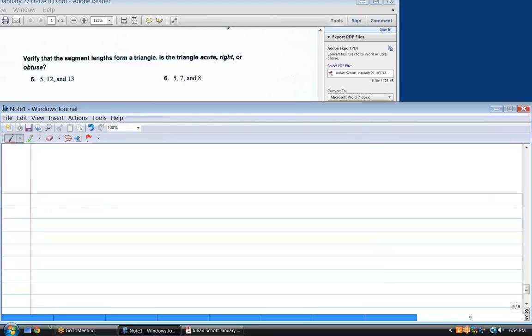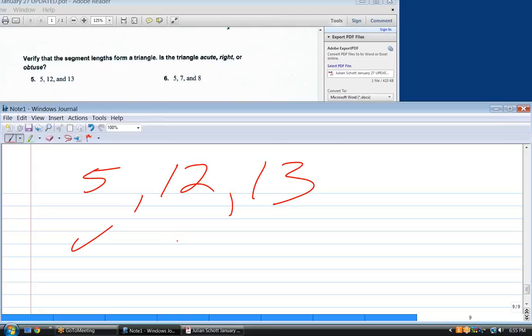Is 5, 12, 13 a legitimate triangle? The only way you can answer that is to go through each one by itself until you get to all 3 of them. Does 5 pass? Does 12 pass? Yes. Does 13 pass? Yes.